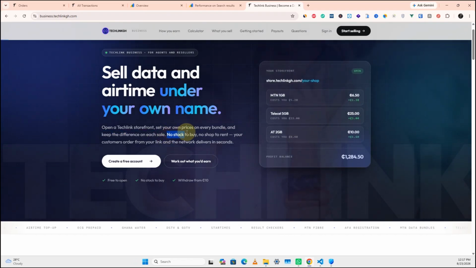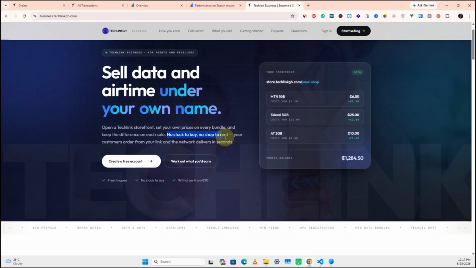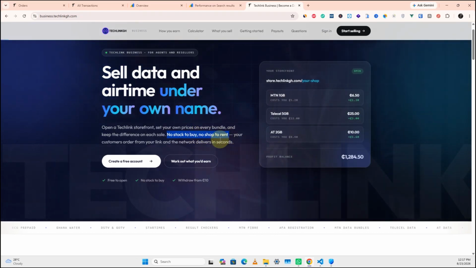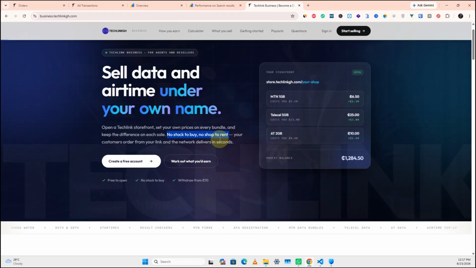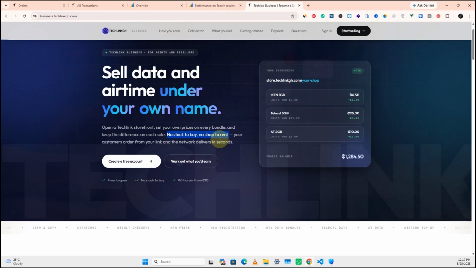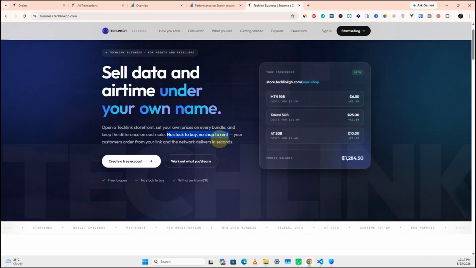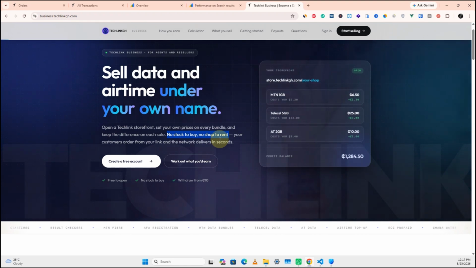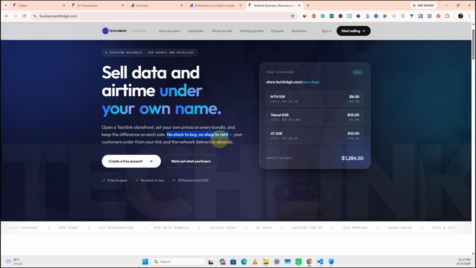There's no stock to buy and there's no shop to rent. The only shop that you have is on the internet, and you give people the link to your shop and they buy from you. You don't have to sell from a physical shop. You don't rent, you don't do anything.